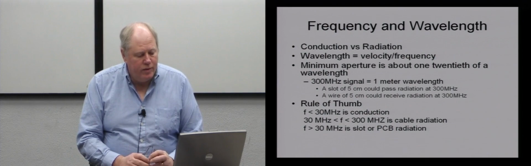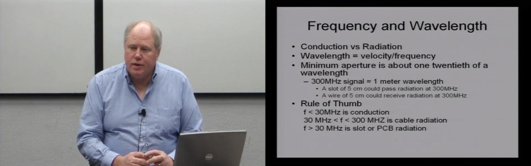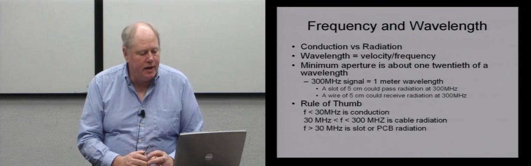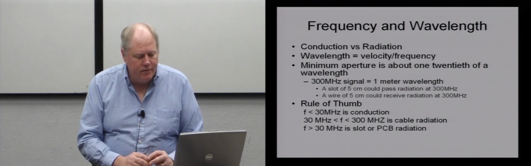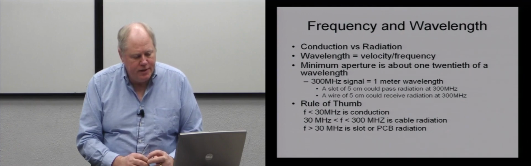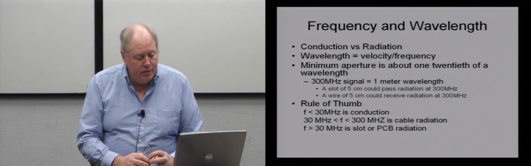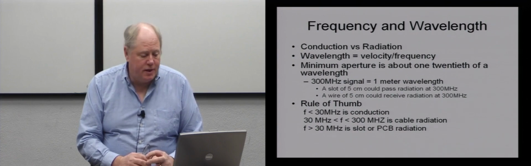And the thing to keep in mind is what frequency things are happening at. We all know wavelength is the velocity divided by frequency. But how that affects this is you always have to keep in mind what the frequency is of the signals that you're talking about. A 300 megahertz signal has a wavelength of about 1 meter.